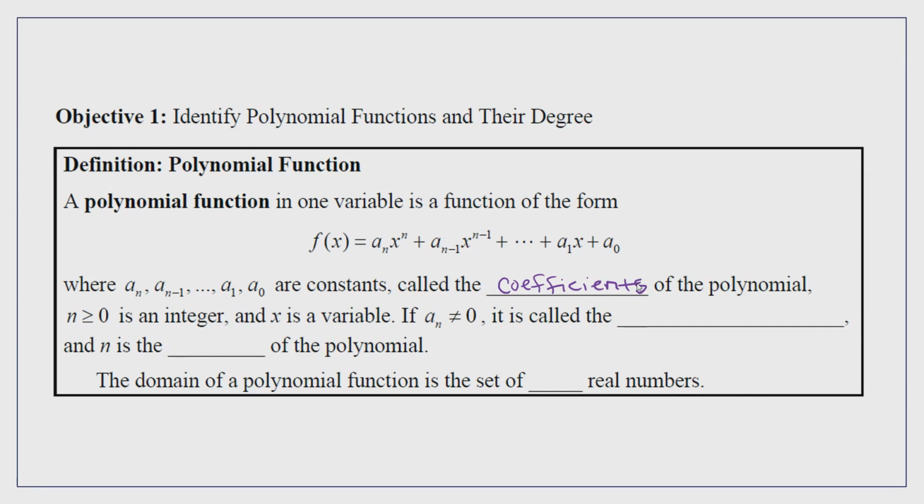If a sub n does not equal 0, it is called the leading coefficient, and n is the degree of the polynomial. The domain of a polynomial function is the set of all real numbers. Okay?